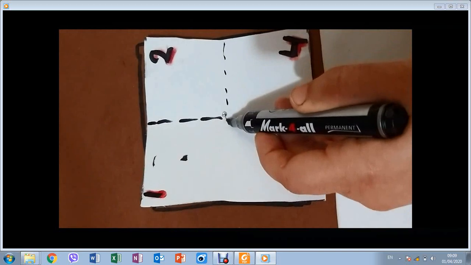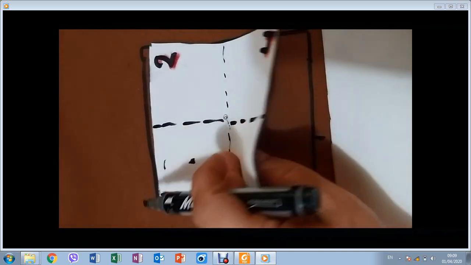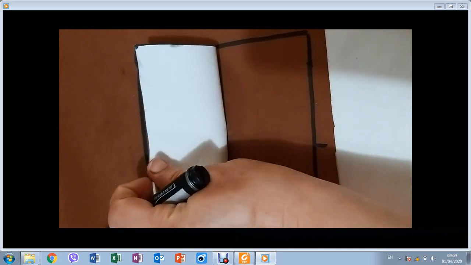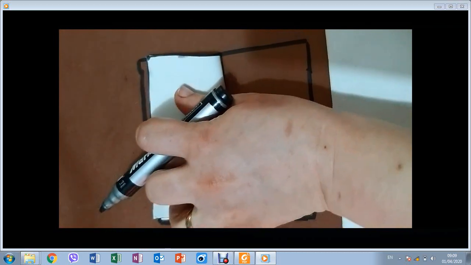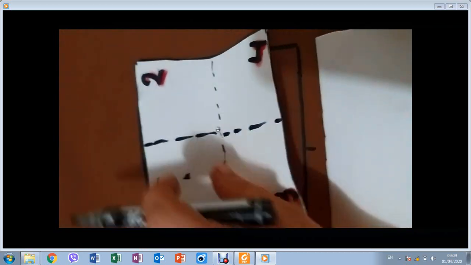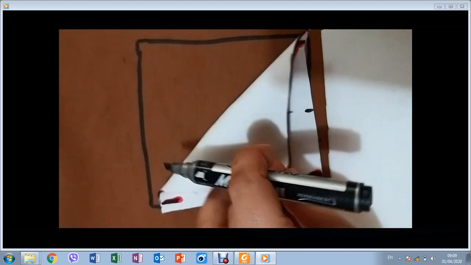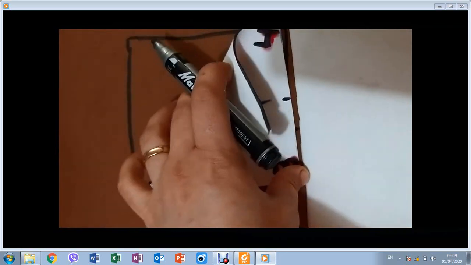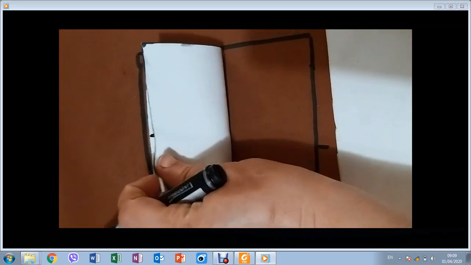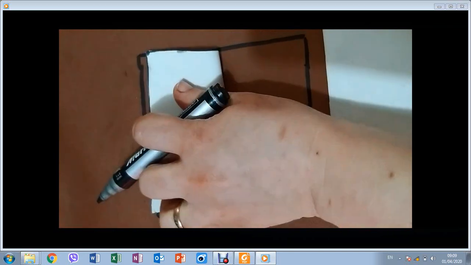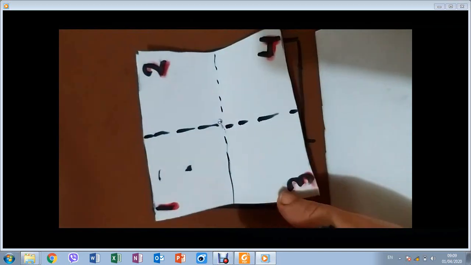Sometimes a figure has more than one line symmetry. For example, this square has a horizontal line, and there is a vertical line too. Look, the two parts match and complete each other, so it has two lines of symmetry so far.